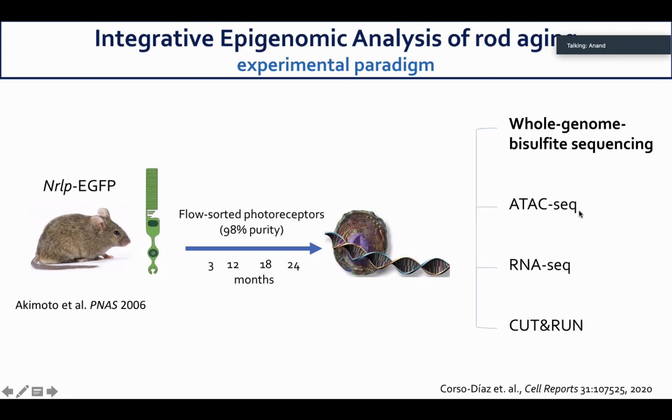So we did ATAC-seq, we have RNA-seq data, and we did CUT&RUN with some histone markers. And we combined all that data with the whole genome bisulfite sequencing that was done.